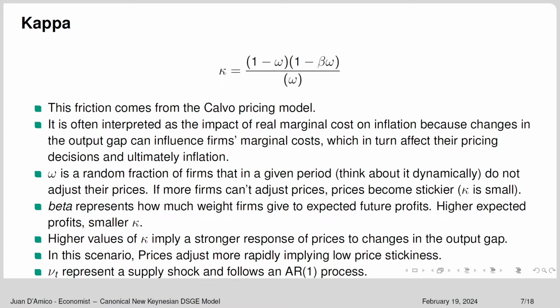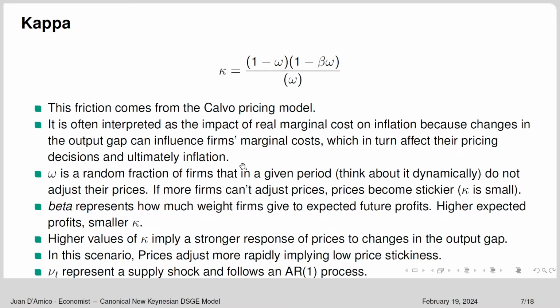And remember, we have mentioned that price stickiness refers to the ability of firms to be able to modify their prices. Now, this parameter is often interpreted as the impact of real marginal cost on inflation because changes in the output gap can influence firms' marginal costs, which in turn affect their pricing decisions and ultimately inflation.